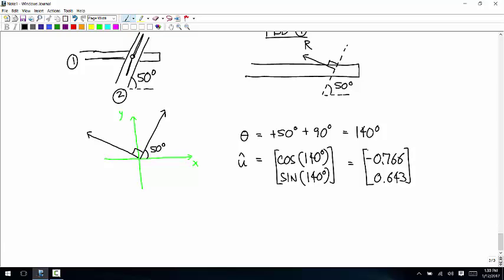Now the last step, if we're trying to figure out the force vector F, is that F is equal to the magnitude R times that unit vector.